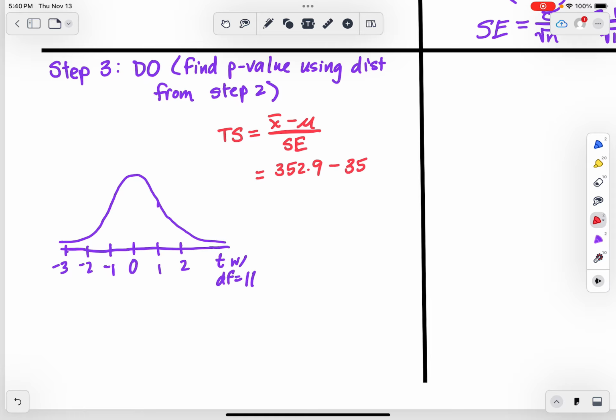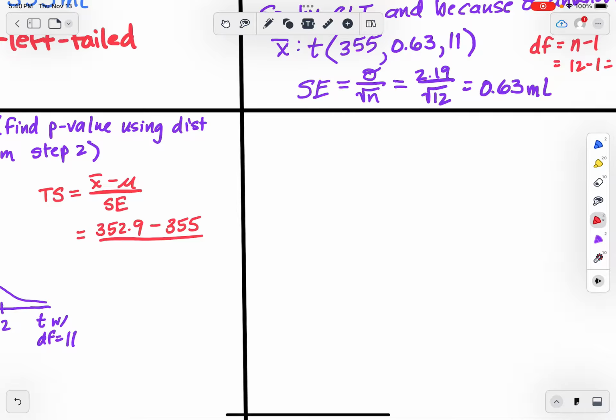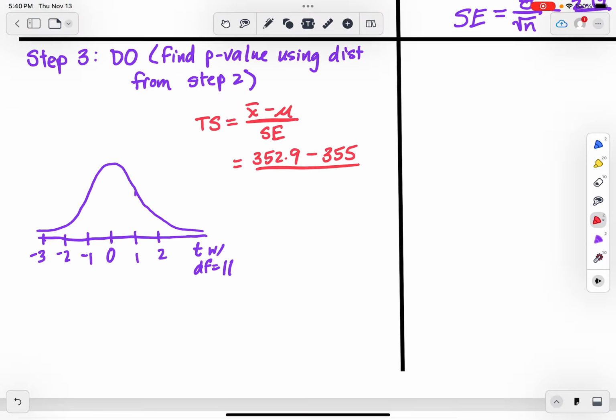My population mean is assumed to be 355. And then again, that standard error I got back here of 0.63 milliliters. And when I work those calculations out, I should get -3.33, which puts me way on the left over here.